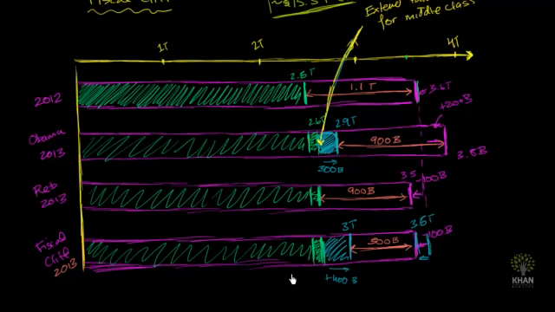The recovery is just starting to happen, and if we were to suck all of this money out of the economy, that's what the argument would be, then that might throw us into another recession, or it might make the recovery that much weaker. In the next few videos, we'll discuss that in a little bit more depth, see what people are saying the impact might be, and what the arguments might be in either case.